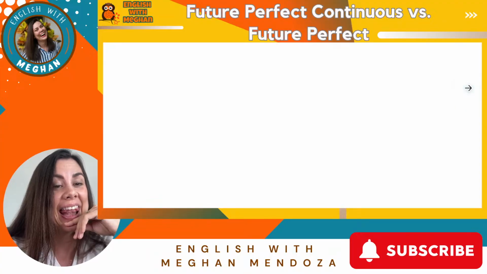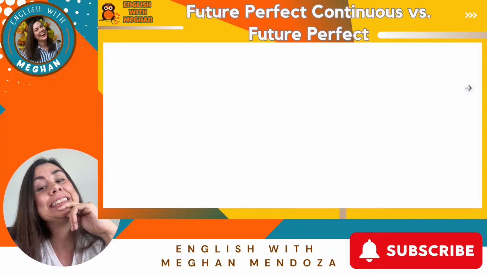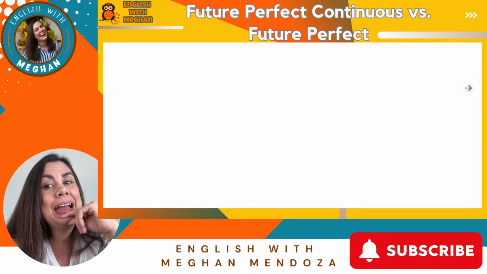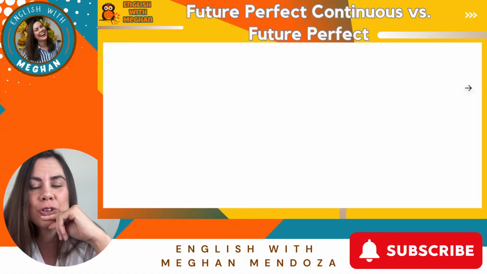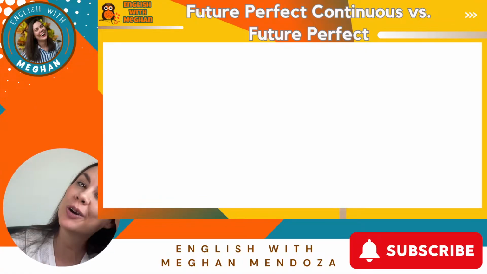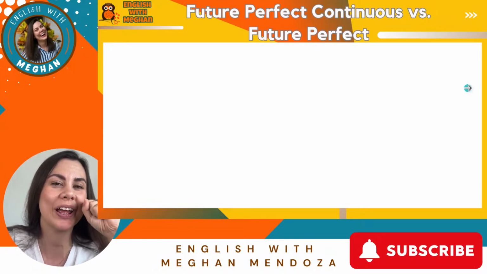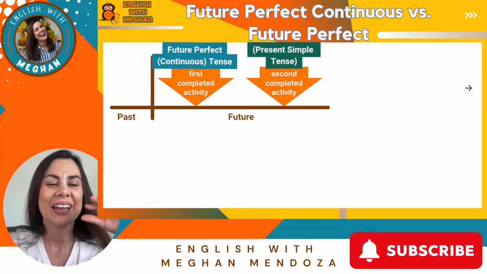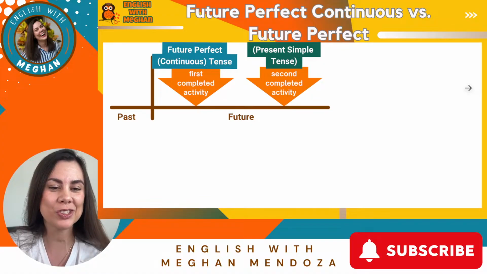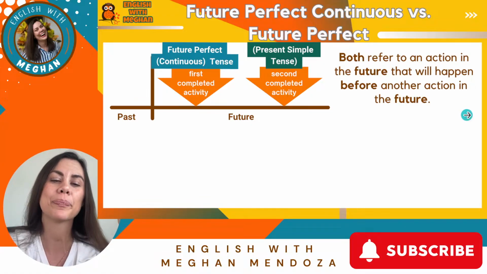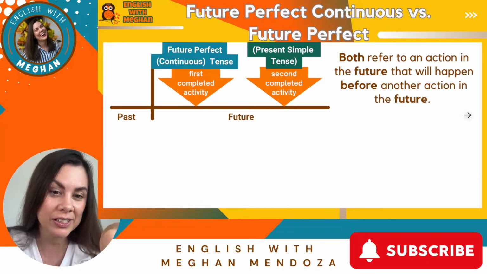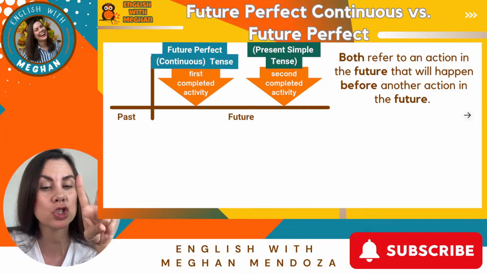All right, next. A little bit of a difficult part here: future perfect continuous versus future perfect. I know you have been wanting to know the answer to this all week, so here it is. We have our same little chart, basically the same. We use both when talking about two things.